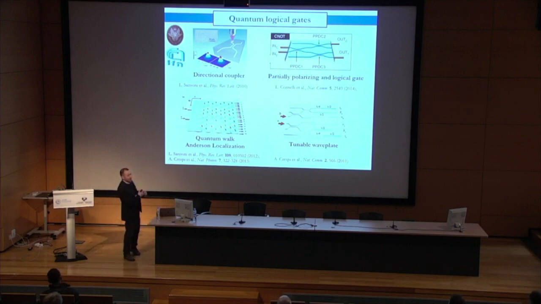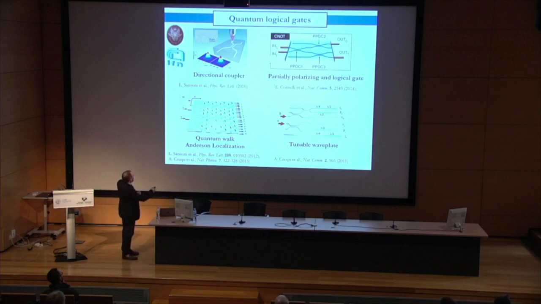So this is a bit a summary of the components that we developed together with Milano in the last few years. So the first starting point was a beam splitter. Very easy. You take 2 waveguides, you bring the 2 waveguides closer, and you get a coupling via the evanescent field. Then we carried out some integrated logical gates, like a CNOT gate that could work in post-selection by exploiting the nonlinearity induced by the measurement process.